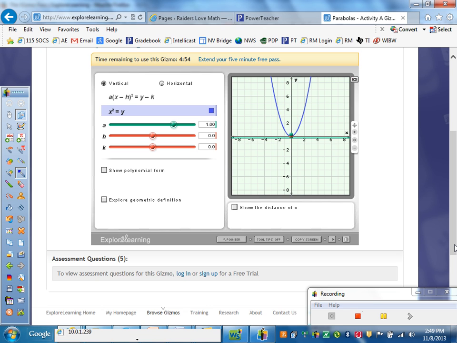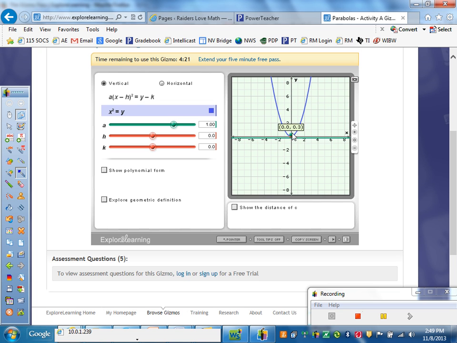So we have 5 minutes to work with this. You'll notice it's giving you a parabola here. At the moment, the focus is the green dot and the directrix is the green line. They're very close together. How wide is your parabola? Would you say it's narrow, it's wide?